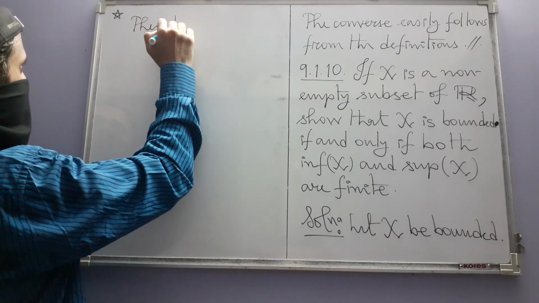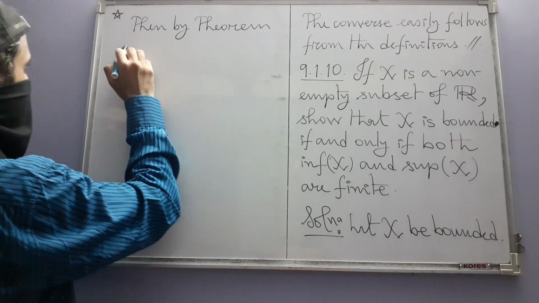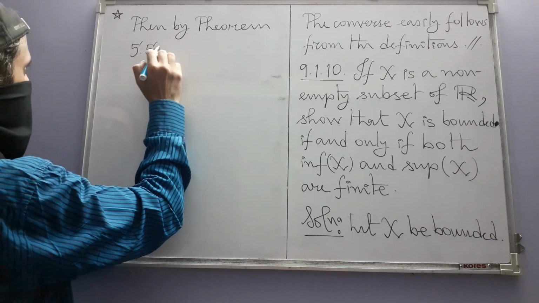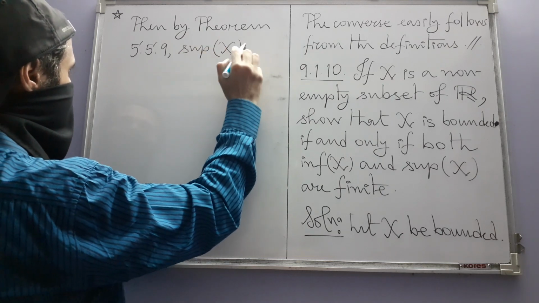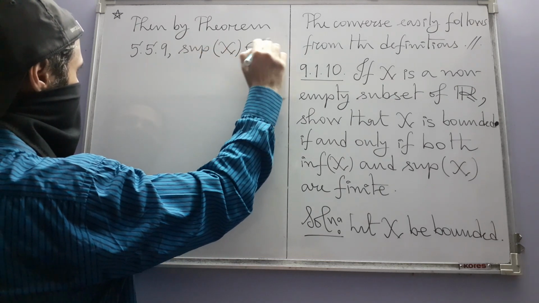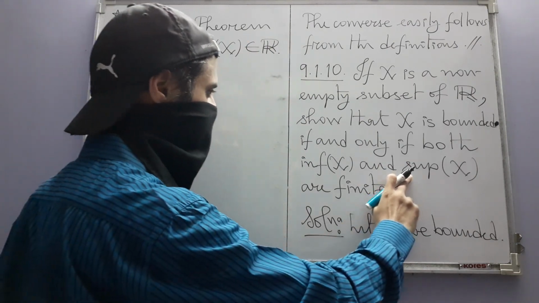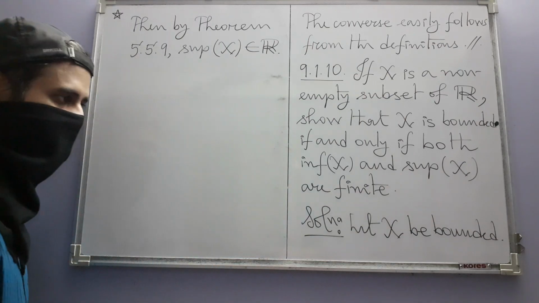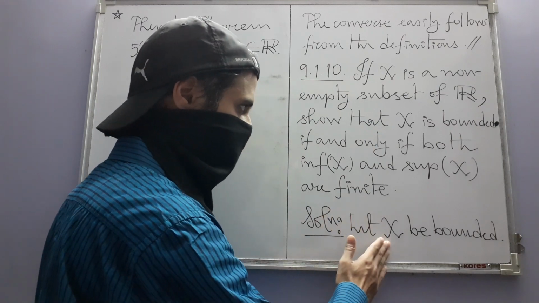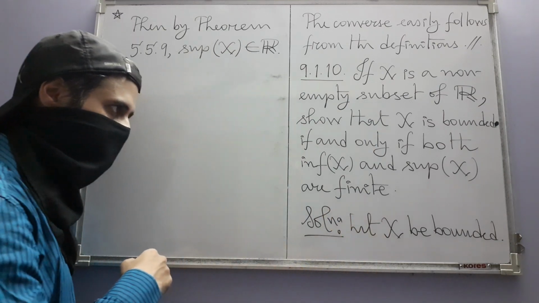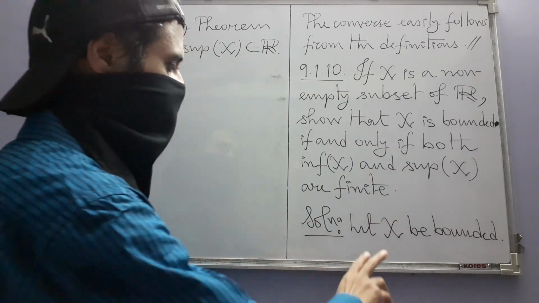Then by theorem 559, the supremum of X is a real number, and in this regard let us just recall the actual definition of the supremum of X. If X is non-empty and has an upper bound, actually the entire set X need not be bounded.